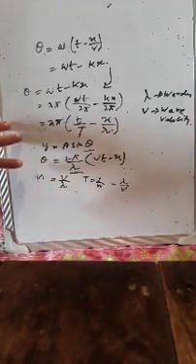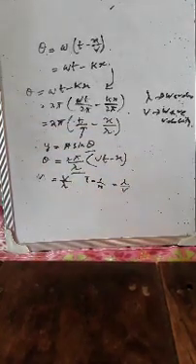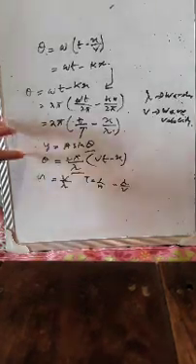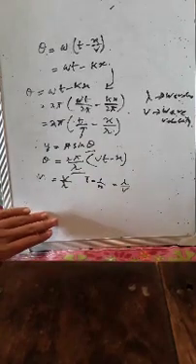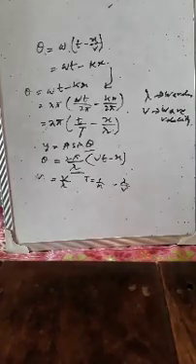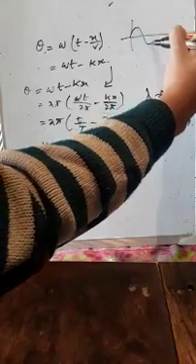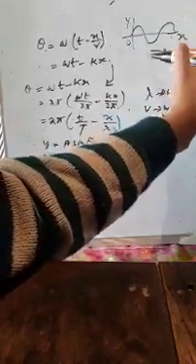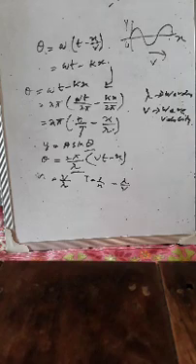We can learn the phase difference in this way: the phase difference of two particles, that means we have to consider two particles at any two positions in the progressive wave.